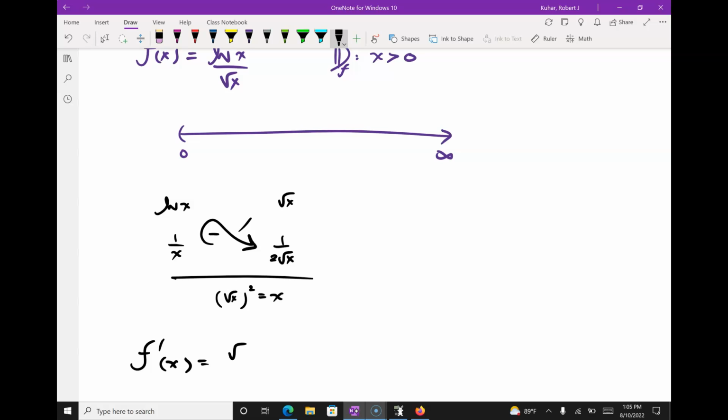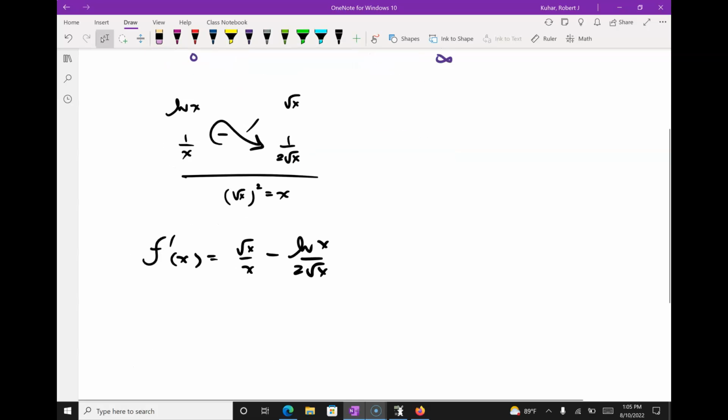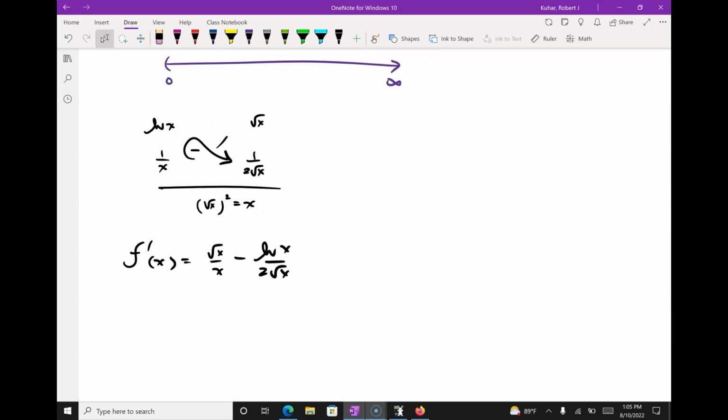So I need square root of x over x minus the ln of x over 2 square roots of x. I don't care too much about being perfect with my LCD because I always can simplify things. So I don't know if you could see what could be simplified here, but if you don't, that's fine. You just want to create your LCD.